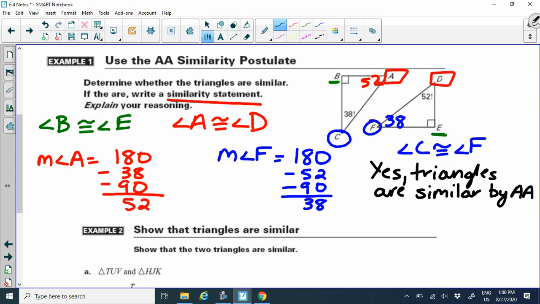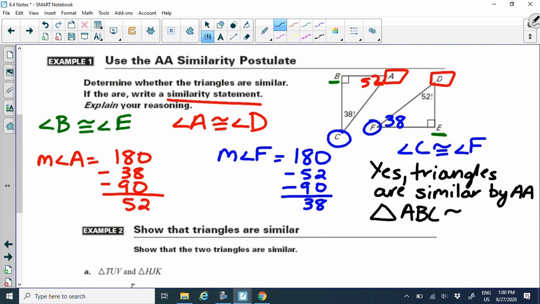Now our last thing, it says we need to write a similarity statement. So we have triangle. Anytime we have a triangle, go and draw the triangle because you can do it. Otherwise, you just use the letters. Now, triangle, I like to go in order of alphabet, so I'm going to say A, B, C. It's similar to. Now this is where you got to be careful. The angles need to align.